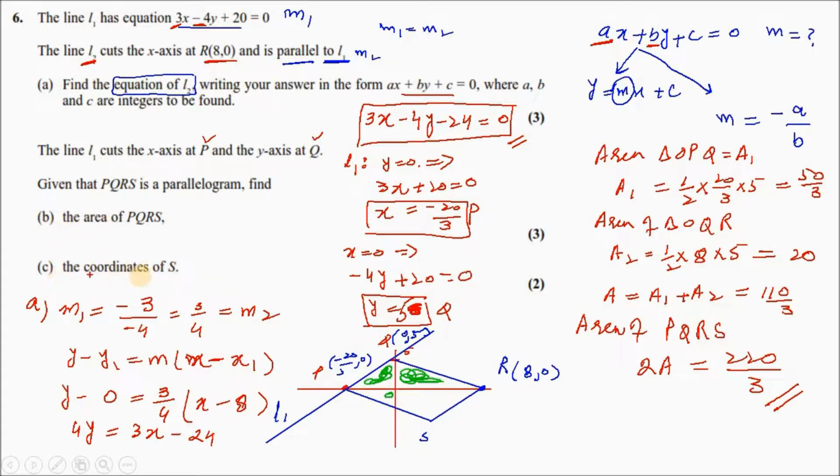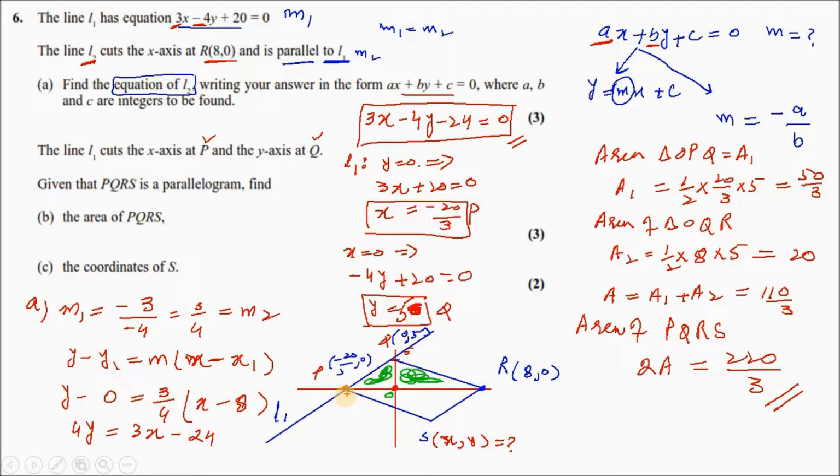Part C, find the coordinate of S. Okay, if you need to find the coordinate of S, which is (x, y), that's what we need to figure out. Now if you see, this is a parallelogram and this is origin O. So with respect to origin, you know that the coordinate of P is 20/3 units away on the left hand side.